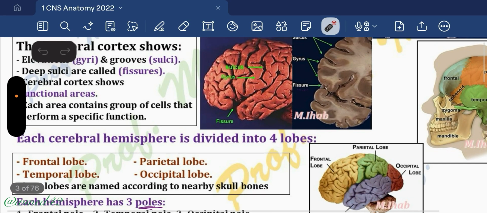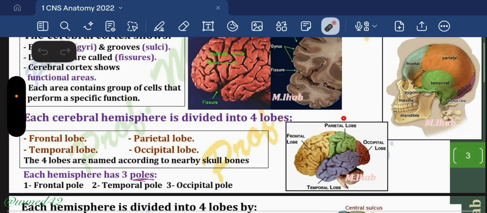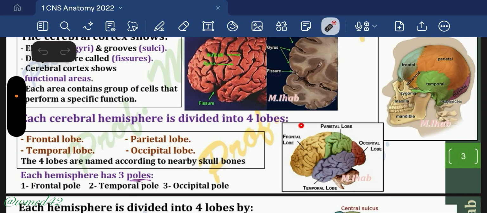Each cerebral hemisphere is divided into 4 lobes: the frontal lobe, the parietal lobe, the occipital lobe, and the temporal lobe. The 4 lobes are named according to the nearby skull bones. Each hemisphere has 3 poles: the frontal pole, the temporal pole, and the occipital pole.